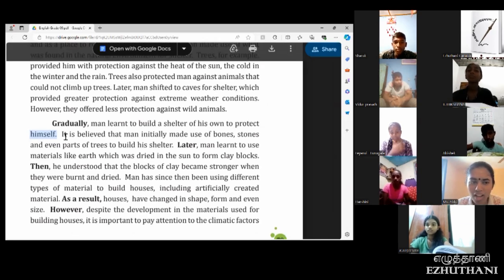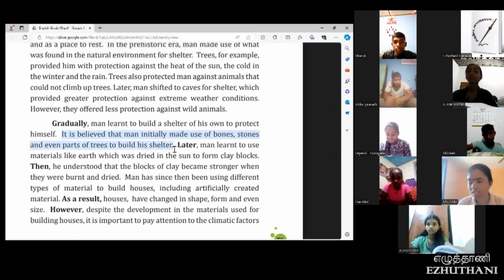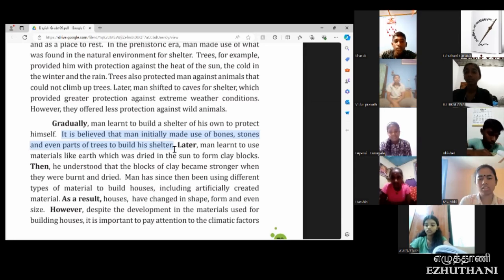Abhishek, I want you to read the next sentence too, please. It is believed that man initially made use of bones, stones, and even parts of trees to build his shelter.